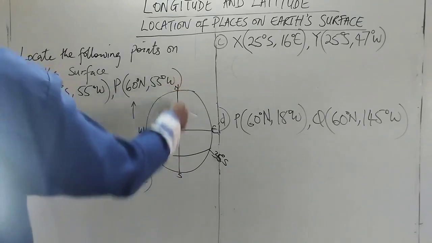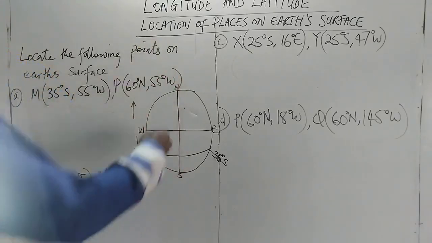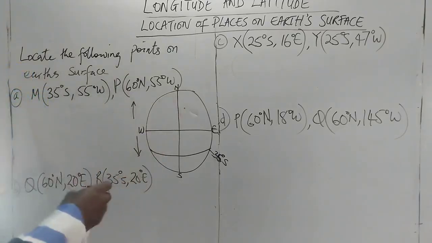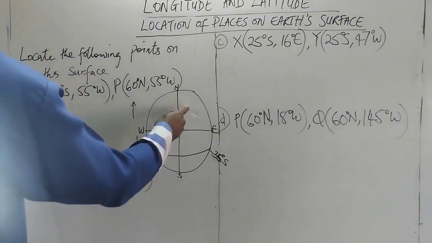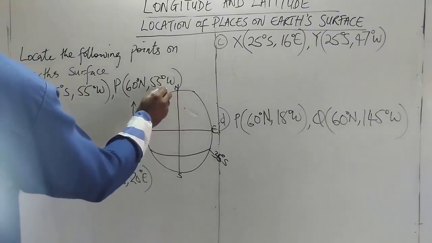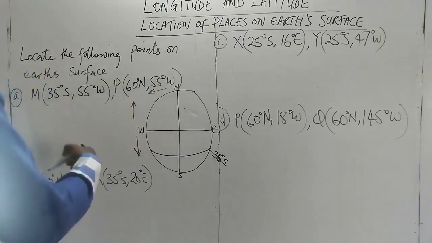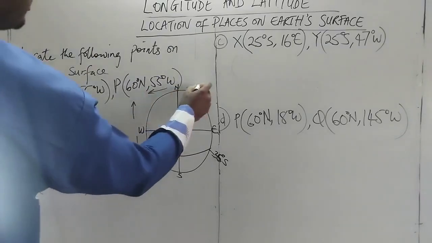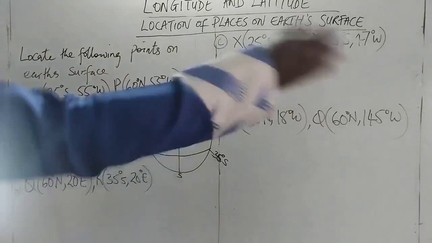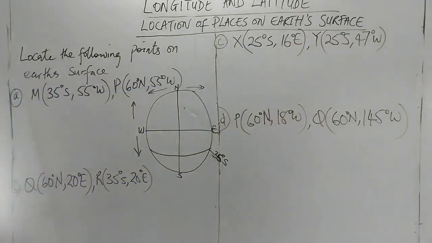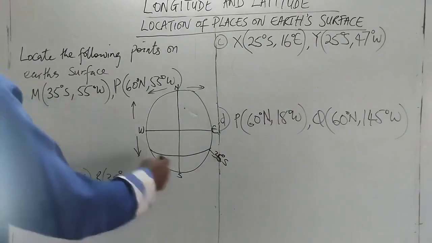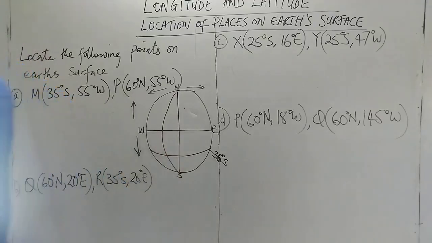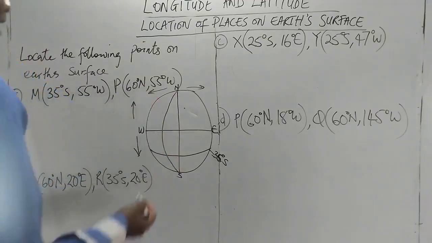This prime meridian is 0, and that is where all lines of longitude take their count from. So if this line is 0, if you are going this way to the west, it increases from 0 to 180, or if you are going to the east, 0 to 180 as well. So 55 will be somewhere here. It is not drawn to scale.